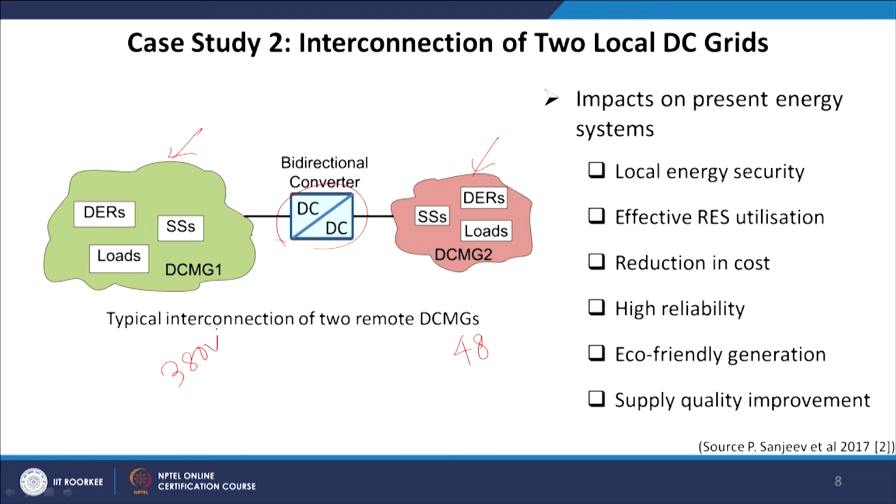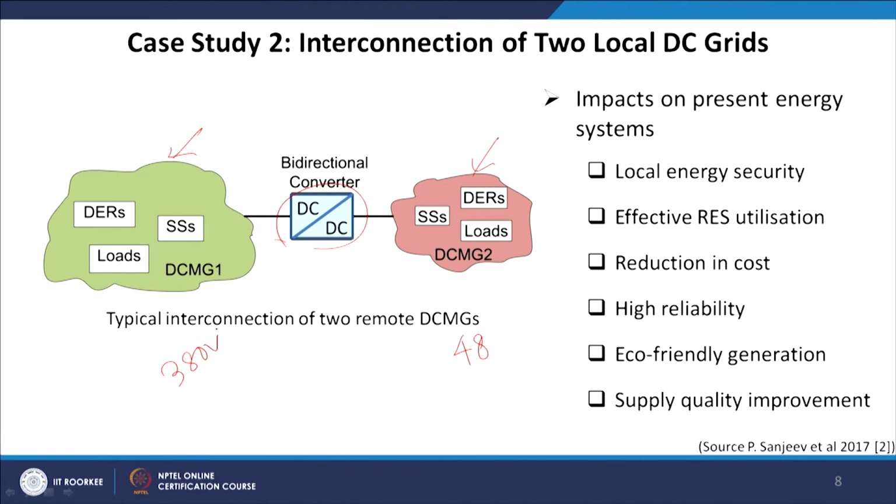Instead of bringing the DG in the system where the generation from renewables is less, perhaps I can take the excess renewable energy available in the other microgrid to meet my energy shortage. So, perhaps it is a wonderful opportunity for the DC microgrids to operate in cooperation and complement or support each other.